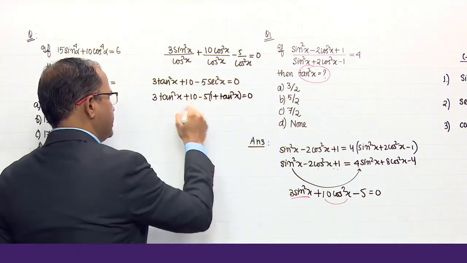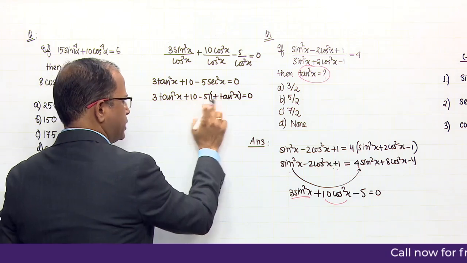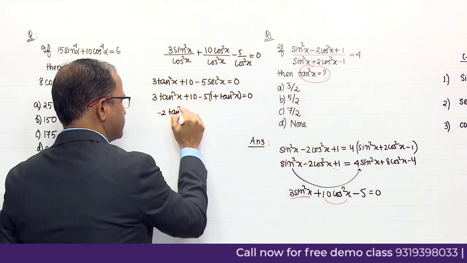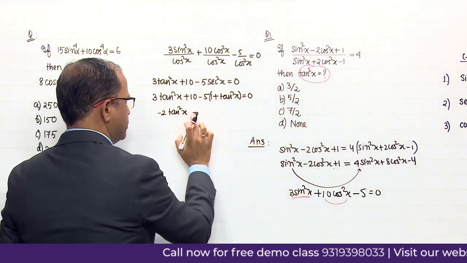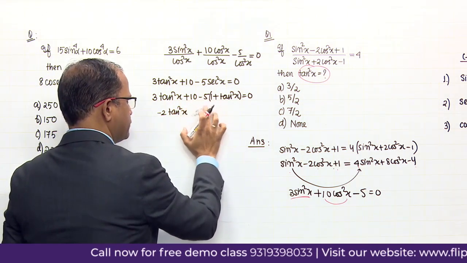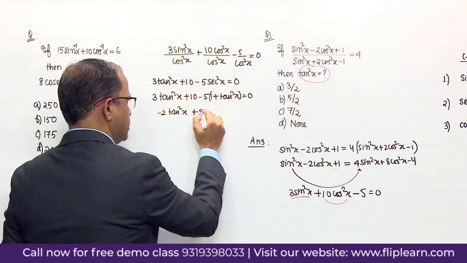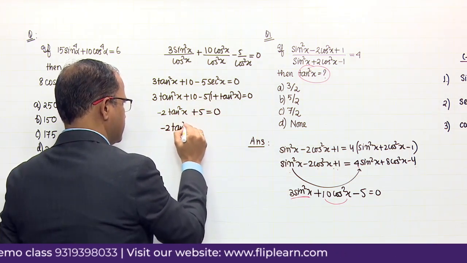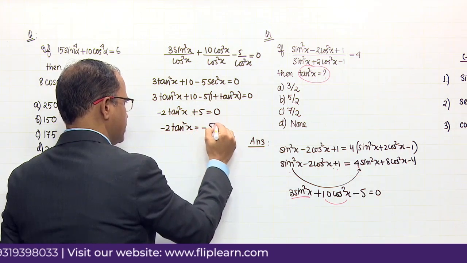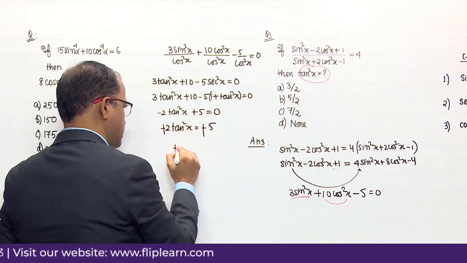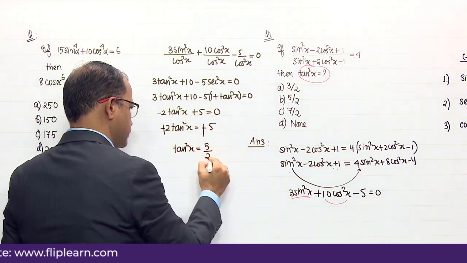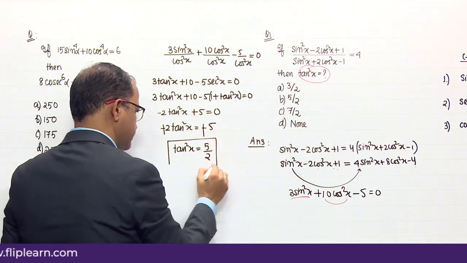I can open the bracket, this becomes minus 2 tan square x, okay, and this becomes 10 minus 5, which is plus 5, is equal to 0. I take minus 2 tan square x is equal to minus 5. This is cancelled. So tan square x is how much? 5 upon 2. Okay, this is how we got it.